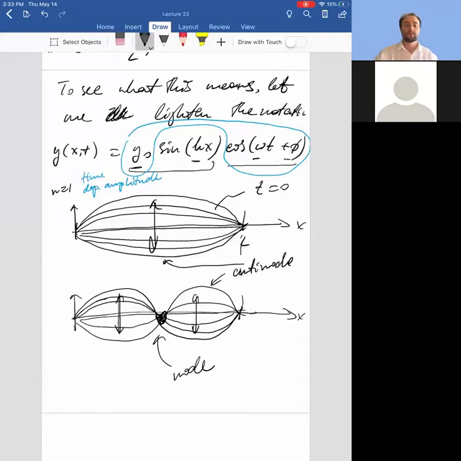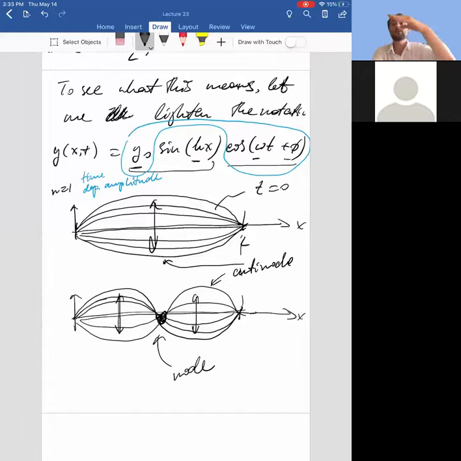Okay? And so now what remains is to put all these modes together. We can add up these modes, we can add them together. And we will talk about that some other time.